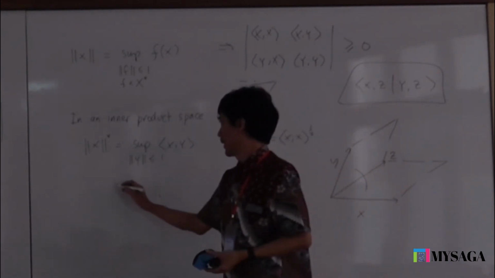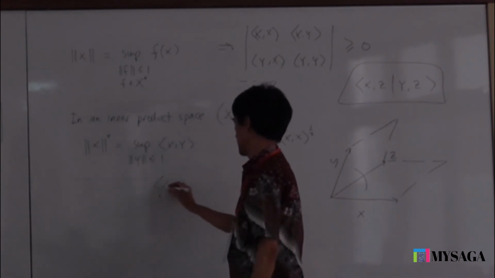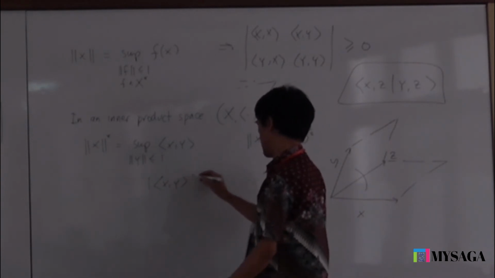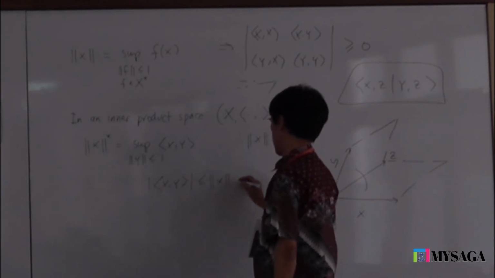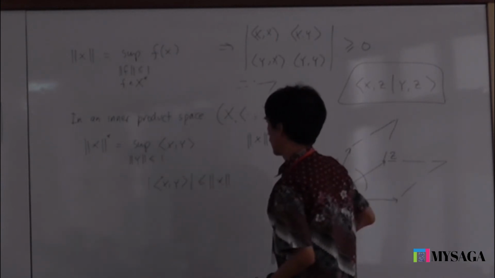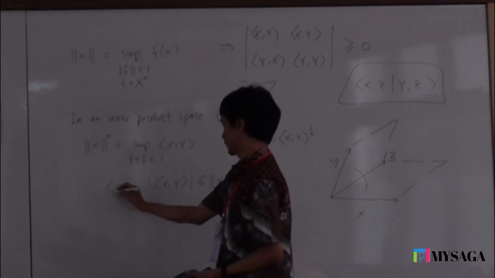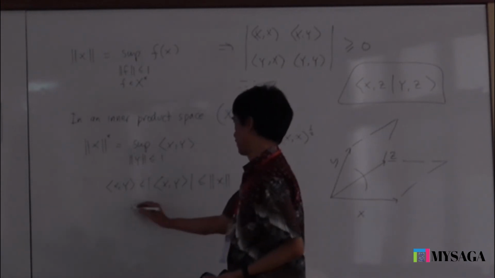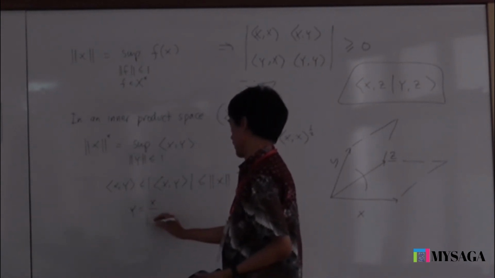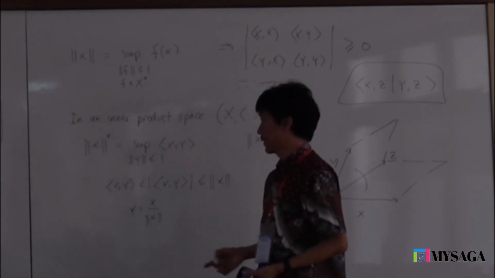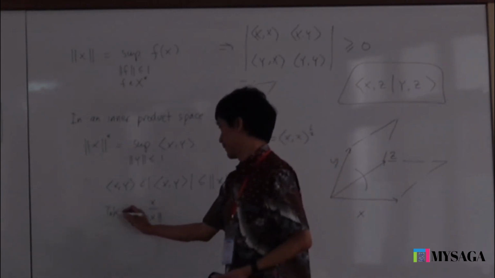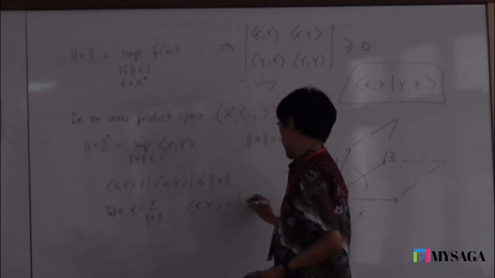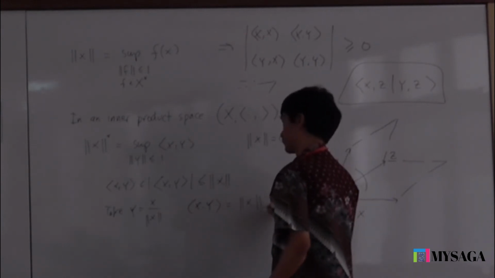Because by the Cauchy-Schwarz inequality, you know that this is the absolute value. If this is real, so this is less than norm x times norm y, but norm of y is less than 1, so less than this. And then the supremum is attained by taking y equal to, okay, I take this vector, then this is equal to norm x.